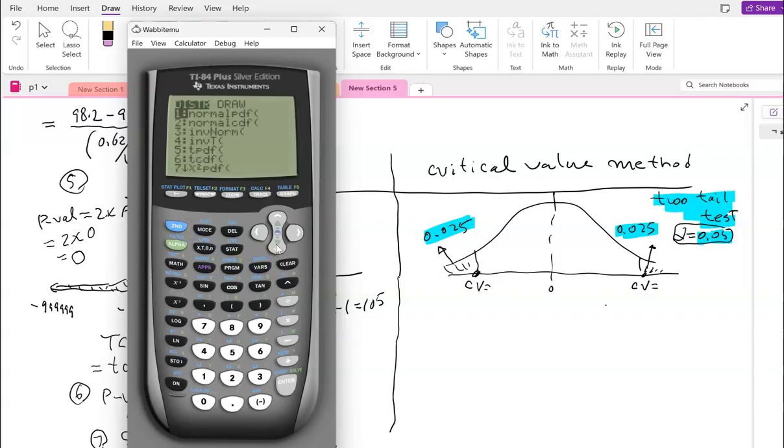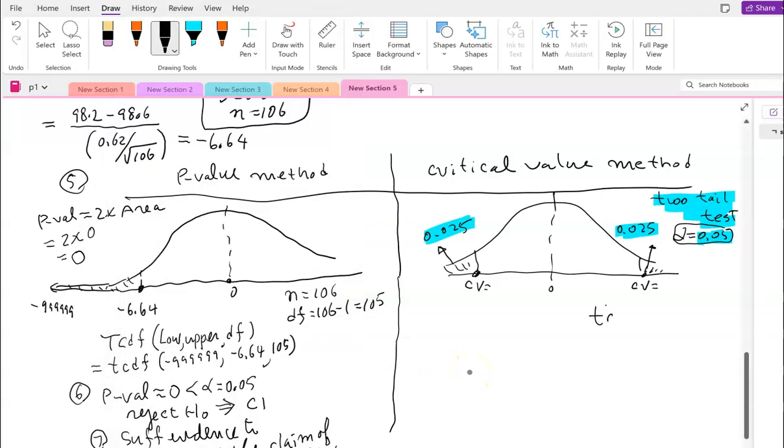Now you go to TCDF, and then you find the area 0.025, and then the degree of freedom, which is 105.